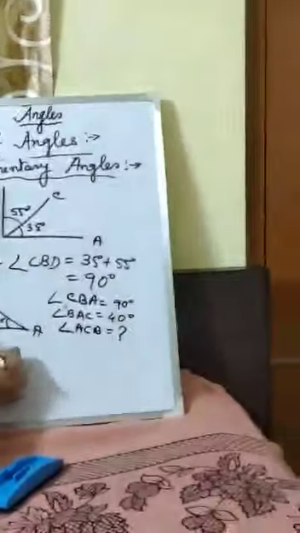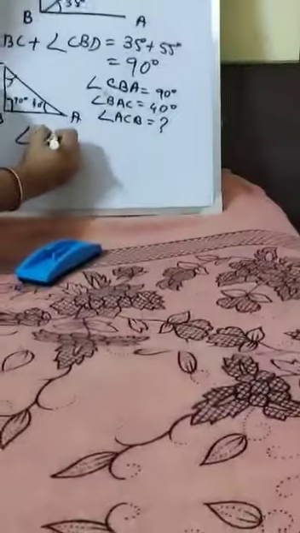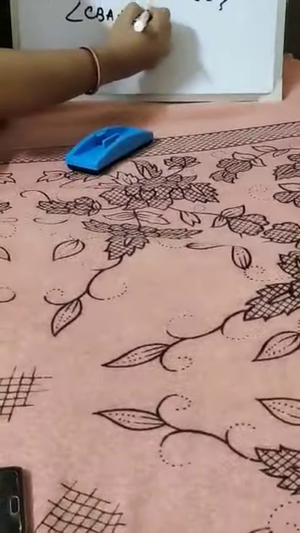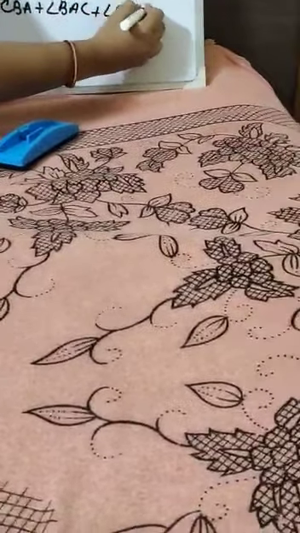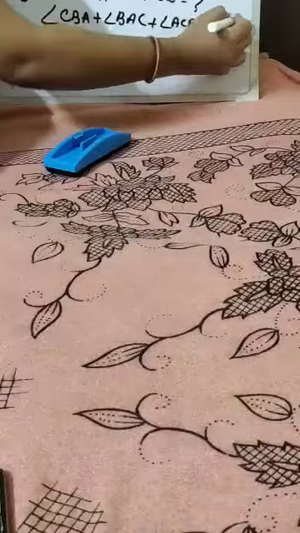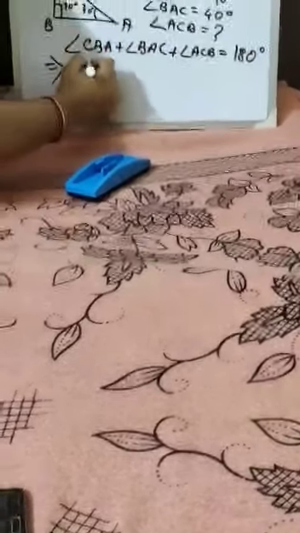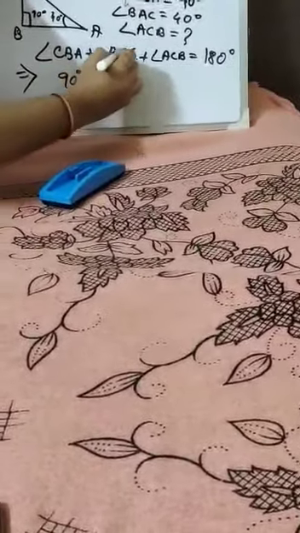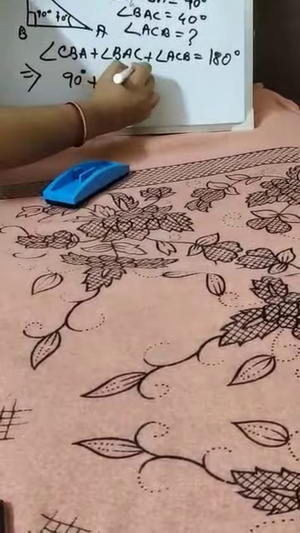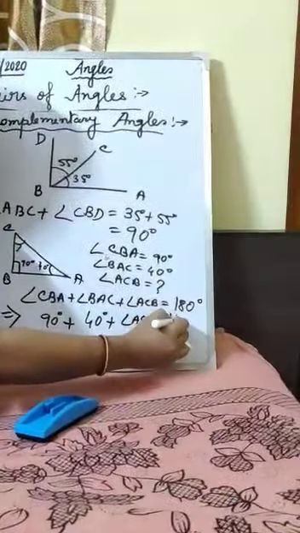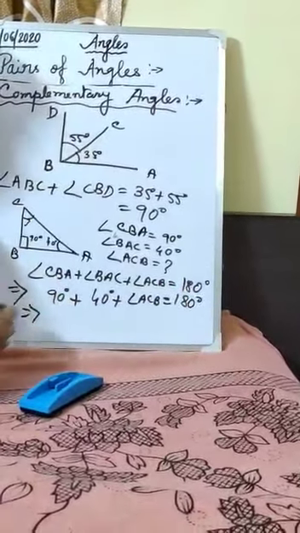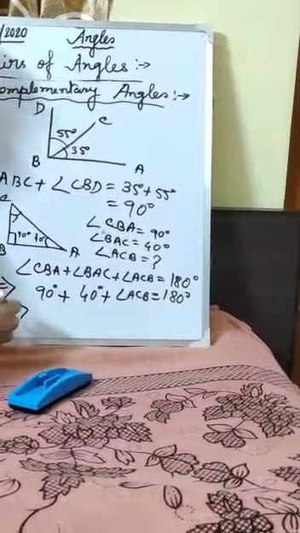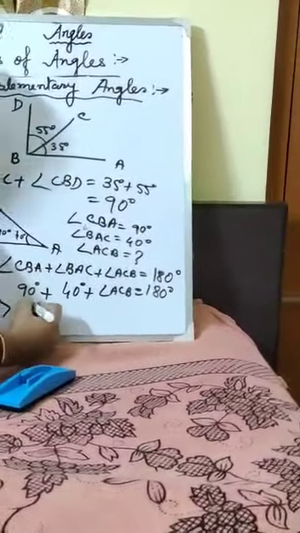Now you know that the sum of three angles of a triangle is 180 degree. Right? So put the value: this is 90 degree, this is 40 degree, and this one you have to find out. So this is 180 degree. Now add together, 90 plus 40 is 130 degree.